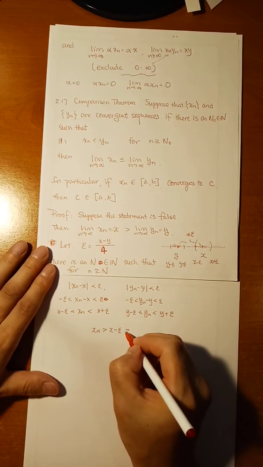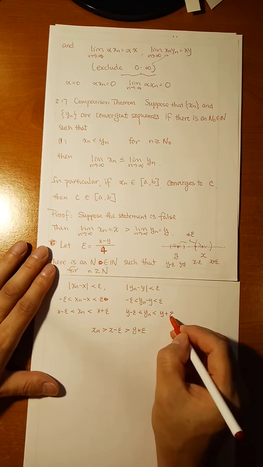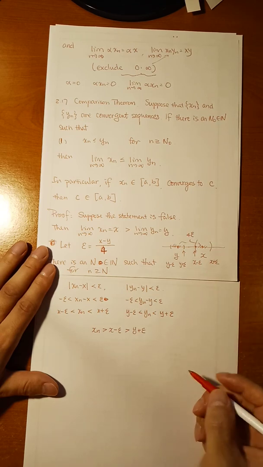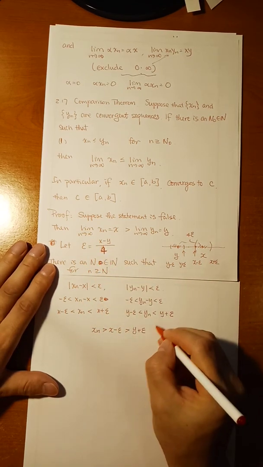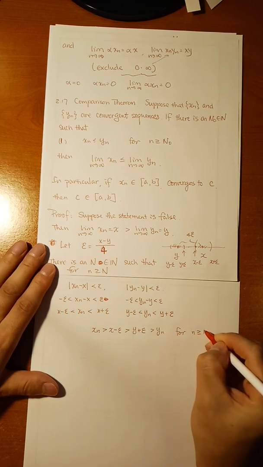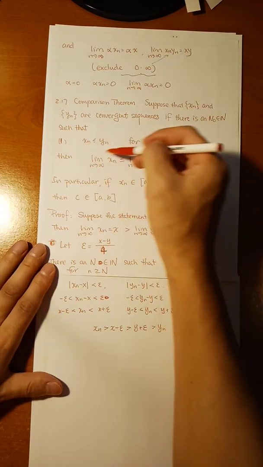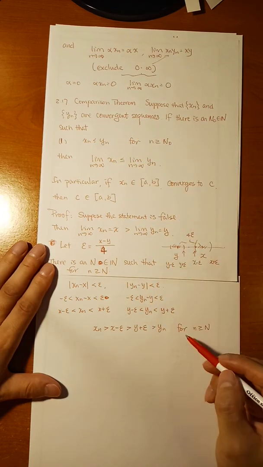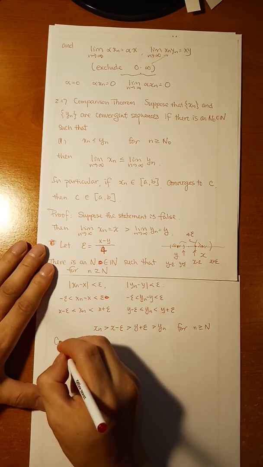X minus epsilon is greater than y plus epsilon. Here's y plus epsilon. Here's x minus epsilon. It's because of this setting. And this is greater than yn for n greater than or equal to capital N. Well, this contradicts the situation. The situation says eventually xn is less than or equal to yn, but here we say eventually xn is greater than yn. Contradiction.